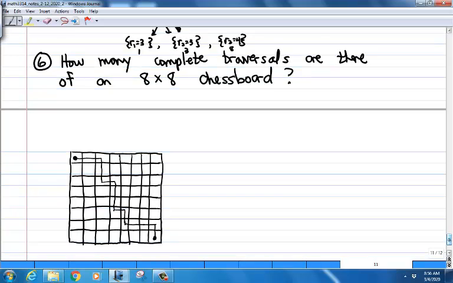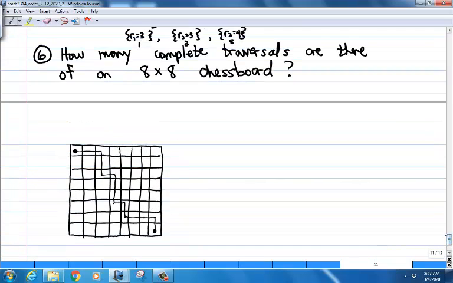All right, here's another one of the margin questions that we asked. This was way back early in the semester. Remember, a complete traversal of a chessboard is a defined term.